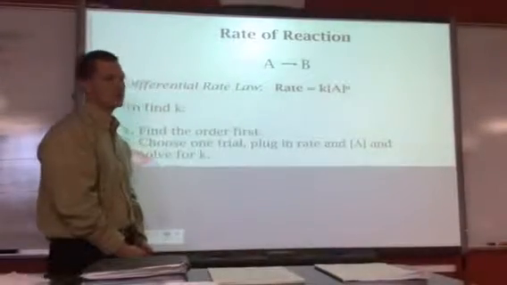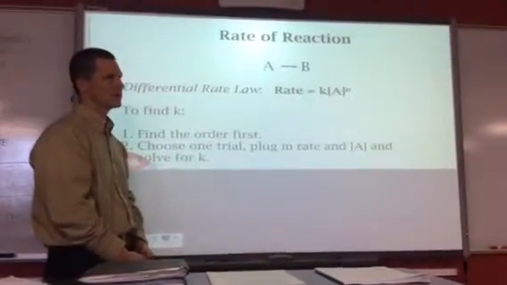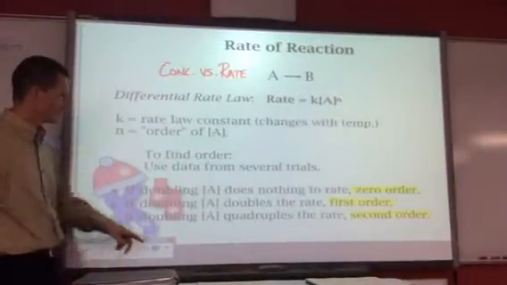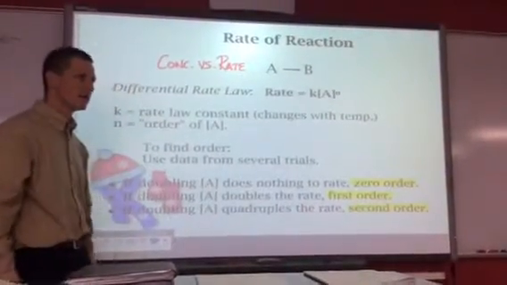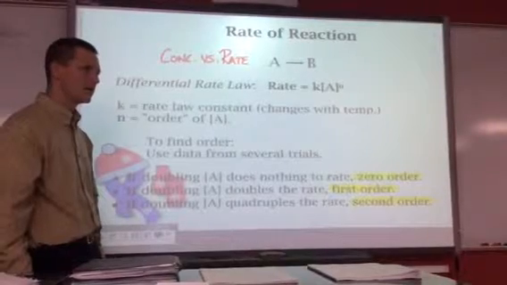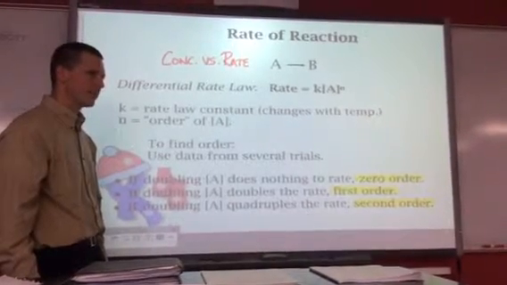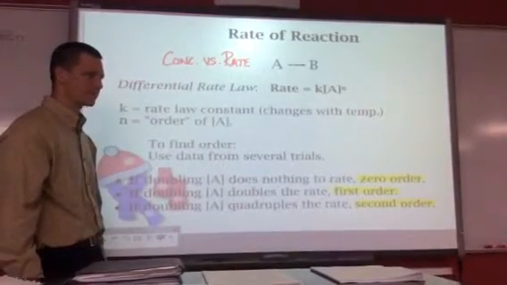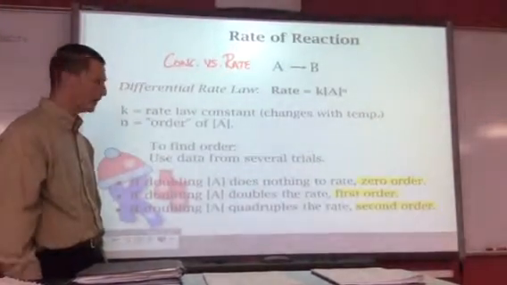How would we find the order if you don't know what k is? If you double a and k is something other than 1, then it wouldn't double. Yes, it would, because k is the same. The rate would double.